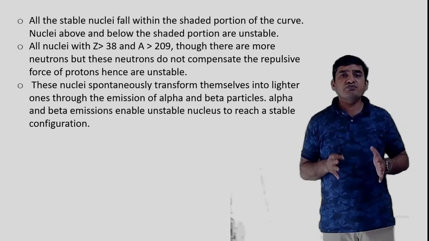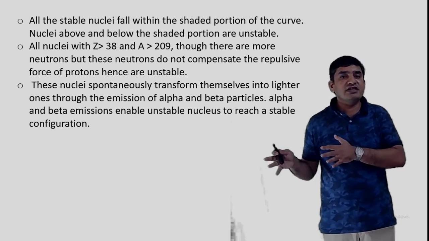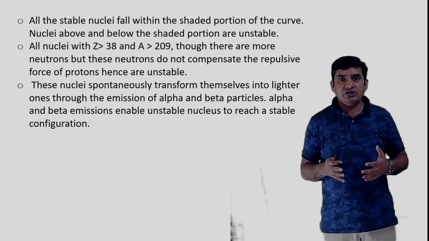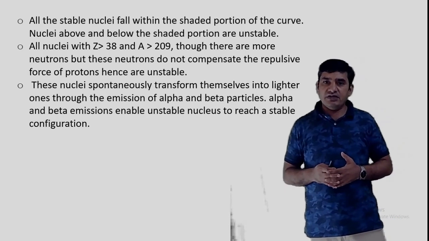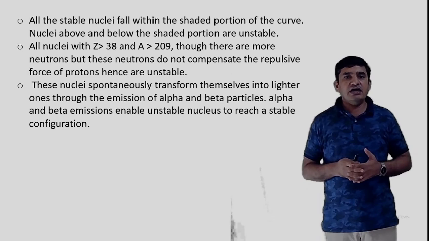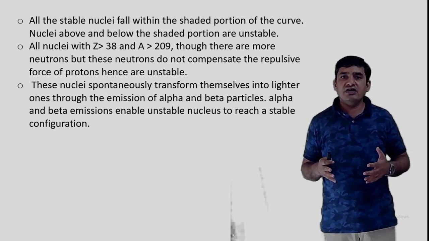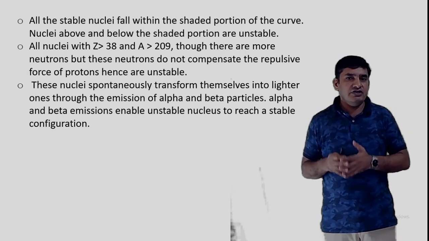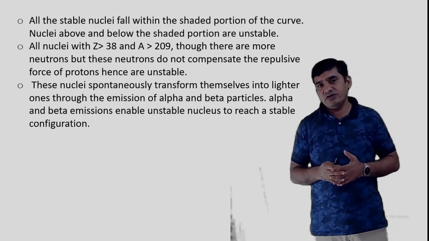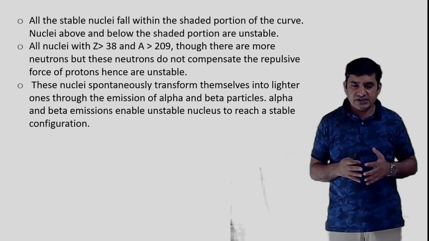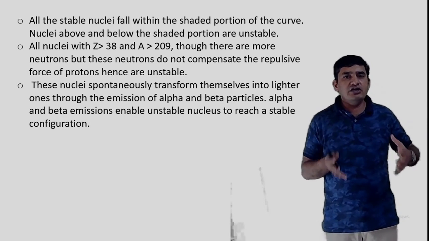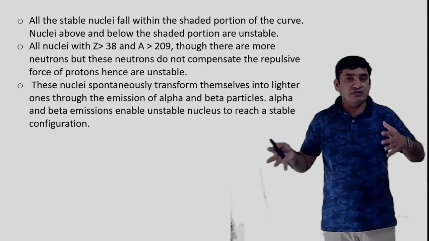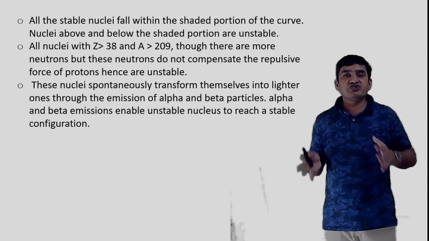These nuclei spontaneously transform themselves into lighter ones through the emission of alpha and beta particles. Alpha and beta particle emission enable unstable nuclei to reach a stable configuration. We can say that the heavier nucleus breaks into fission fragments. The fission process is carried out.